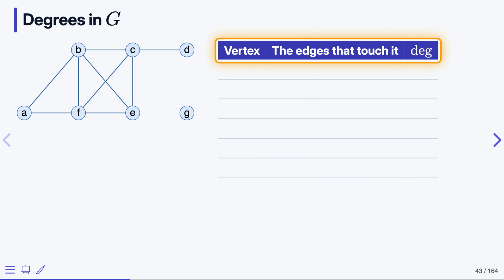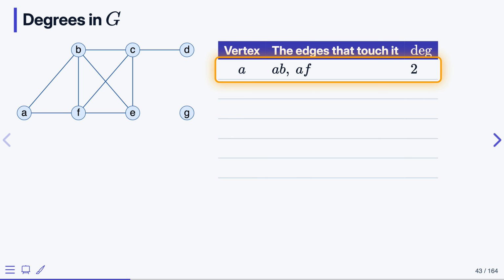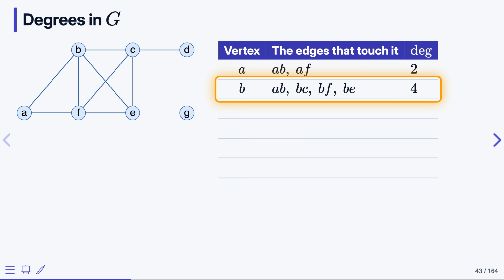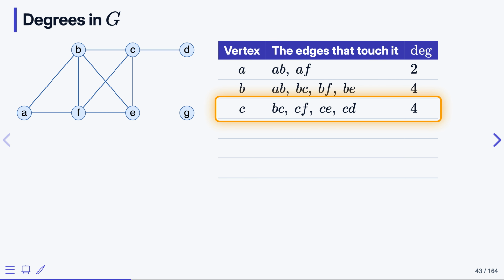Now we take the vertices one at a time and list the edges that touch each one. Vertex A: 2 edges touch it, AB and AF, so its degree is 2. Vertex B: 4 edges, AB, BC, BF, and BE, degree 4. Vertex C: 4 edges, BC, CF, CE, and CD, degree 4.